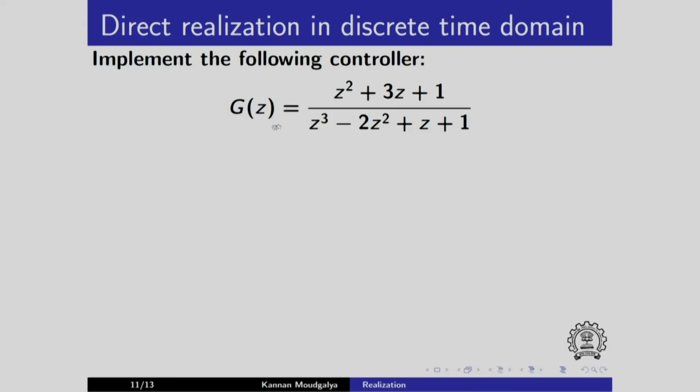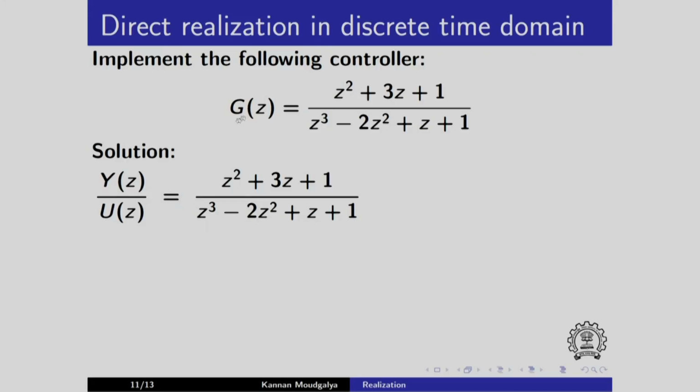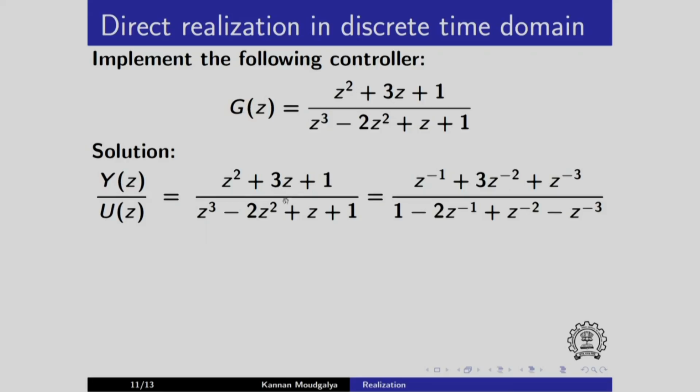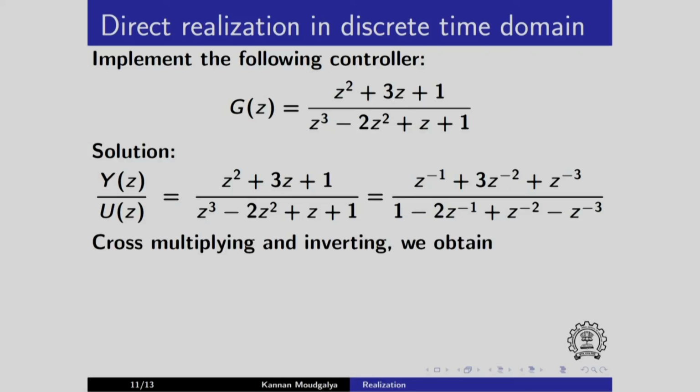So let us have this transfer function G of z, it is given here. We write G as y by u. We first divide throughout by z power 3, so we get this expression. Next we cross multiply and invert.